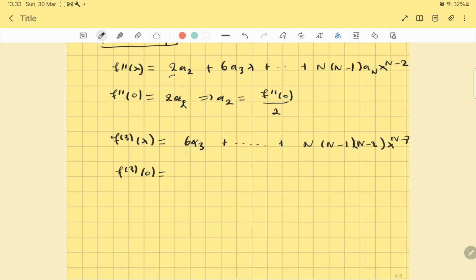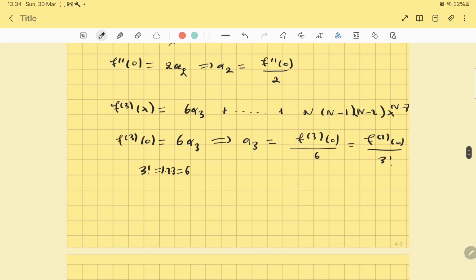All the terms will vanish except this one, so I have 6a3, and from here a3 should be the third derivative evaluated at 0 over 6, and that can be written as 3 factorial. So my coefficient a3 is the third derivative of the function evaluated at 0 over 3 factorial.